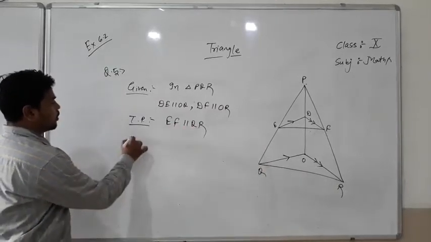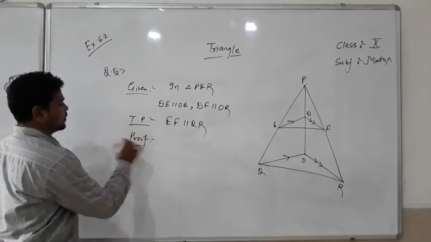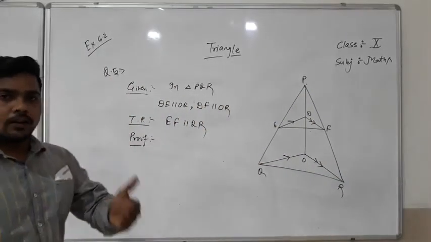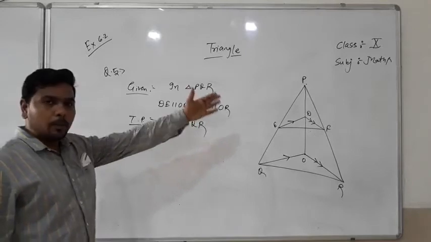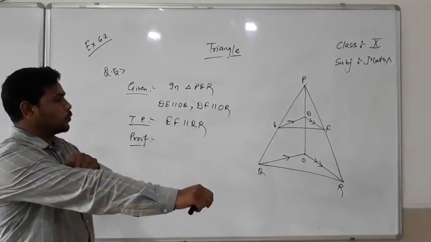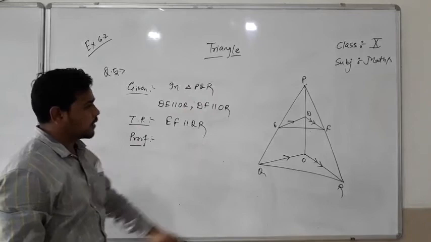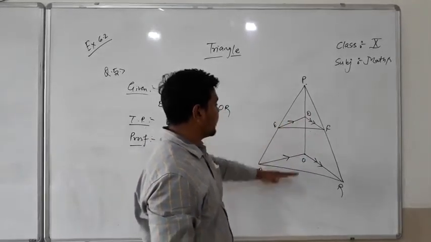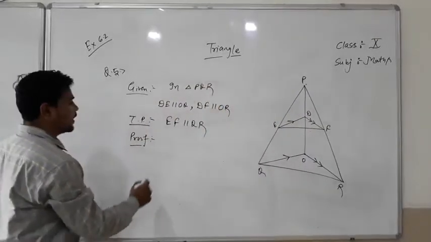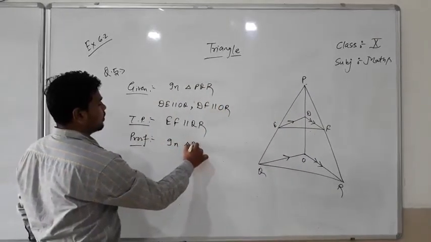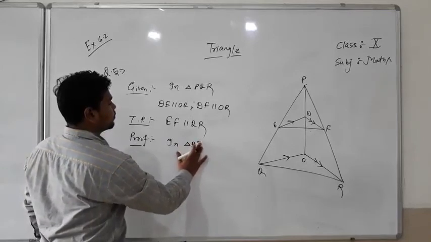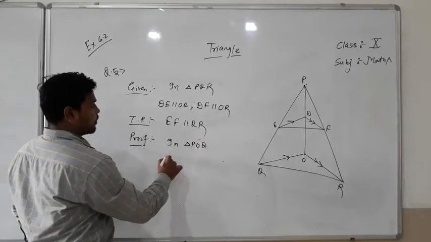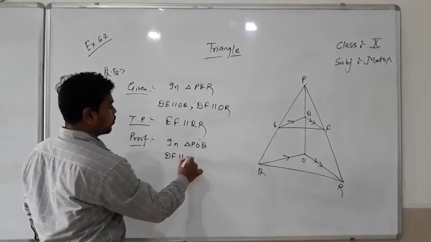Okay, now we will come to the proof section. These two questions will help you for solving the other 10 questions also. That is in the book, in the exercise 6.2. So students, सबसे पहले हमें दे रखा है कि DF is parallel to QO, that is in the triangle POQ. सबसे पहले हम बात करते हैं इन ट्राइंगल POQ के अंदर. इन ट्राइंगल POQ सबसे पहले DF is parallel to OQ.